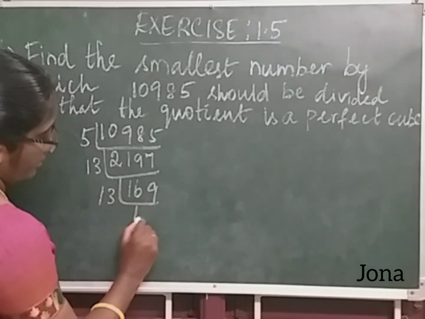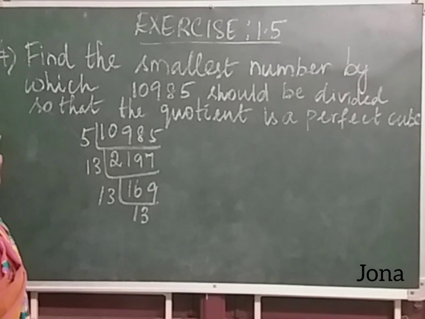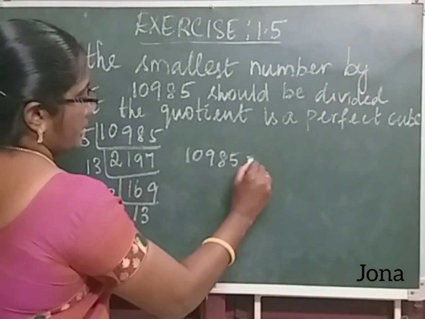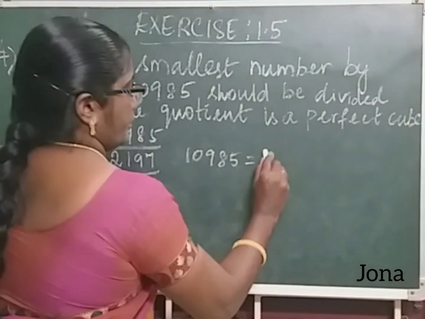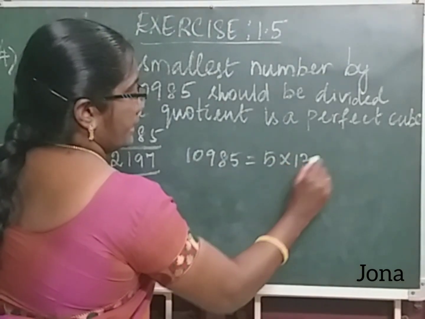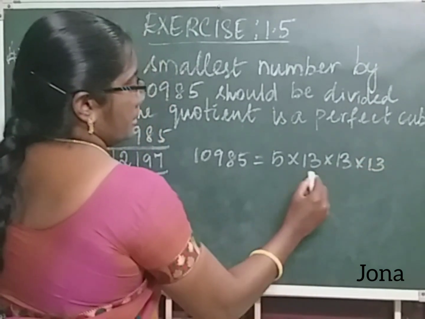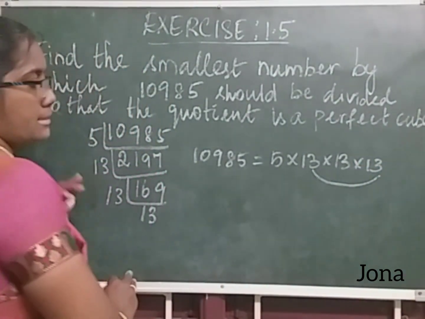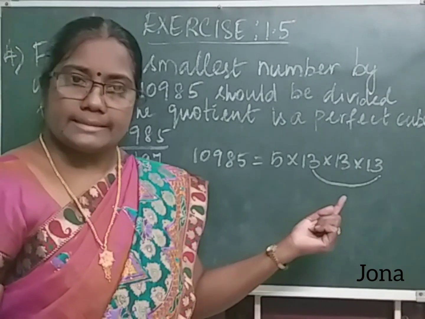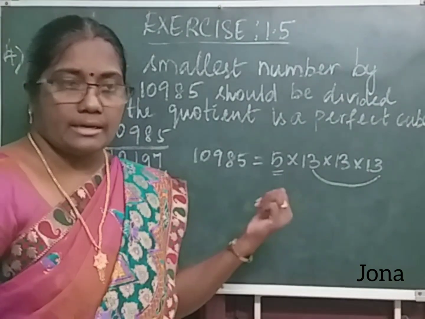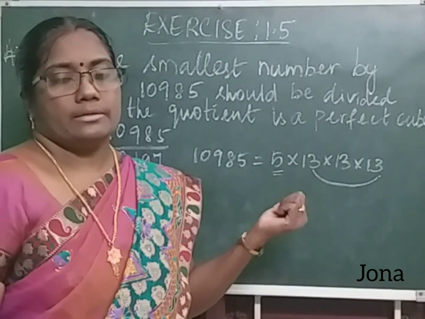Again by 13, I get 13. So 10,985 equals 5 into 13 into 13 into 13. These 13s have a triplet, isn't it? Only this 5 doesn't have any triplet there. The 5 is not a triplet.